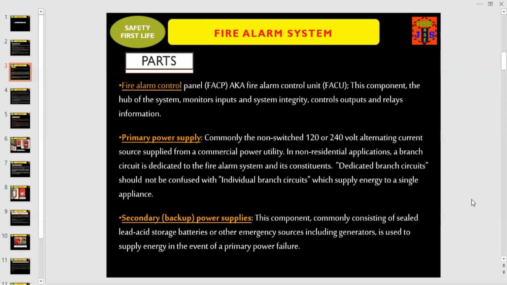Dedicated branch circuits should not be confused with individual branch circuits, which supply energy to a single appliance. If we talk about secondary backup power supplies, this component, commonly consisting of sealed lead acid storage batteries or other emergency sources, including generators, is used to supply energy in the event of a primary power supply failure.